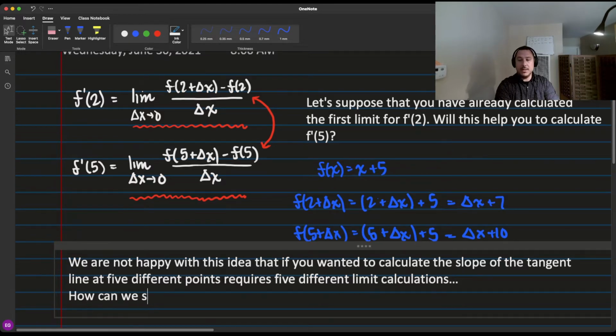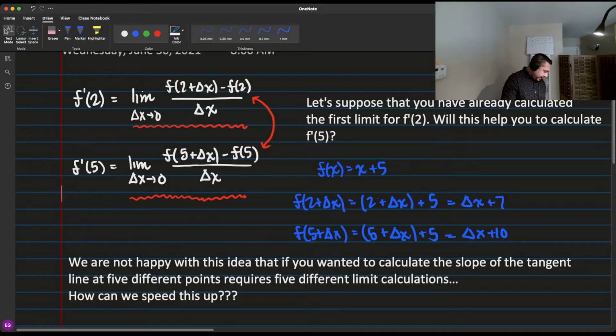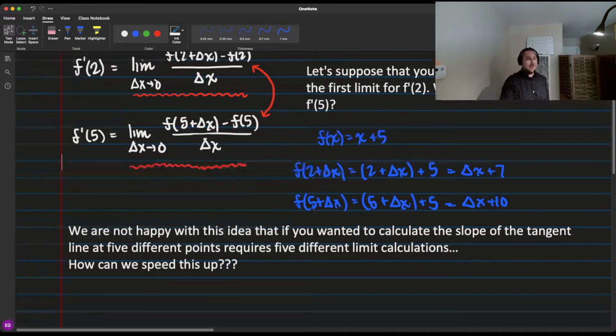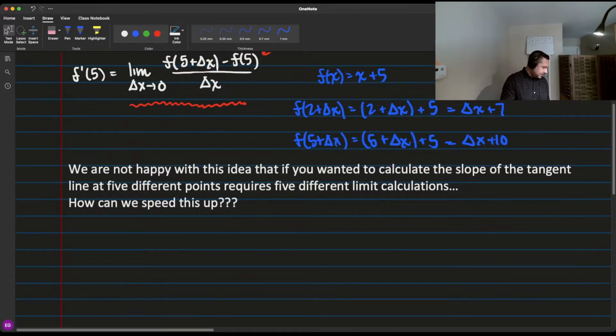How can we speed this up? And it's actually a pretty genius idea about how to speed this up.